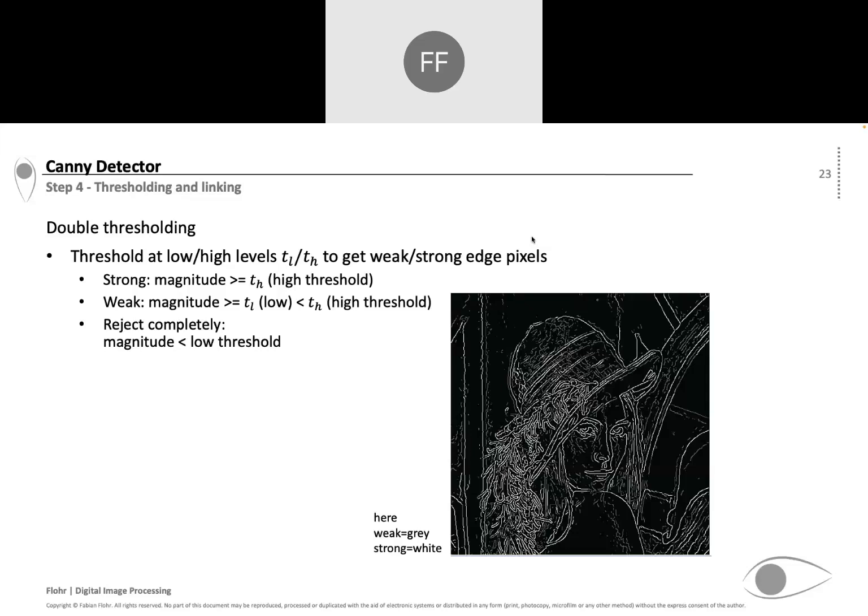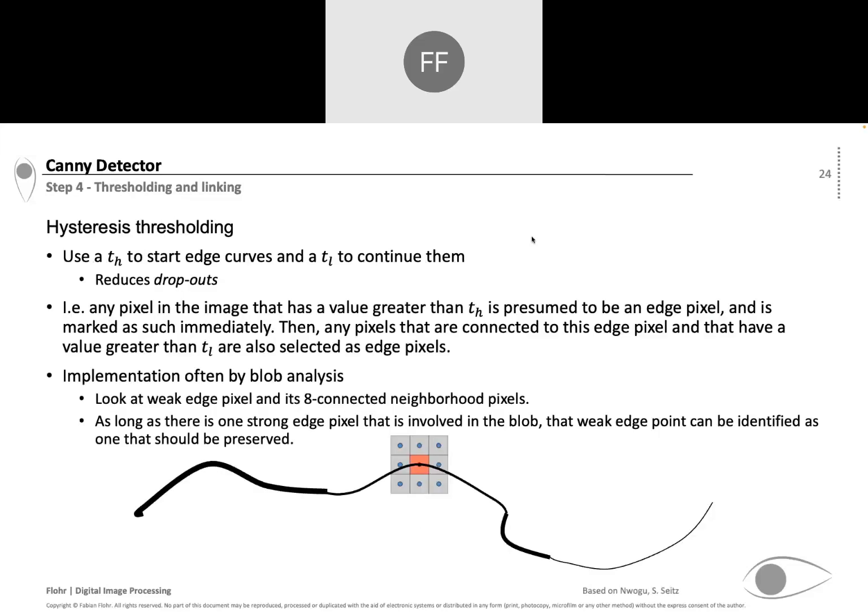We do it with a so-called blob analysis, or at least this is the implementation for it. Basically, you accept everything between the low and the high threshold which has a pixel or an edge in the neighborhood at the high threshold or above, right?